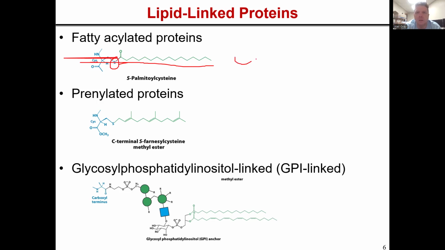Cysteine, CYS. Okay, then we've got prenylated proteins, where we've added, oh man, I was talking about this in the previous video, these 5 carbon structures. These 5 carbon structures kind of add up and are put together.